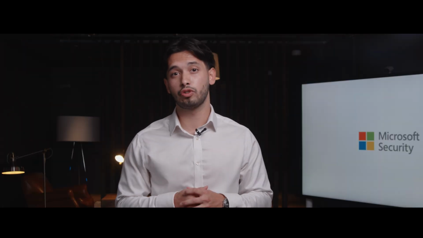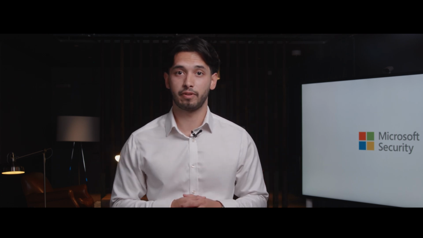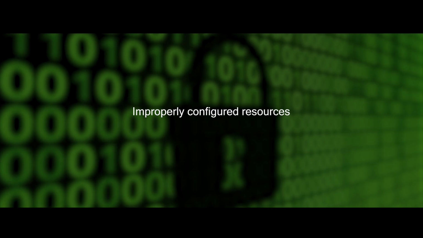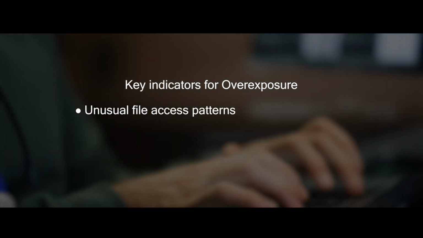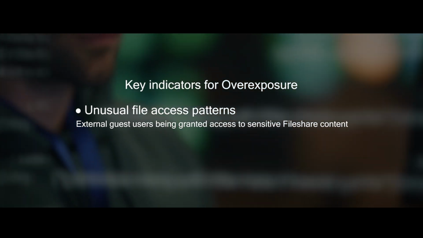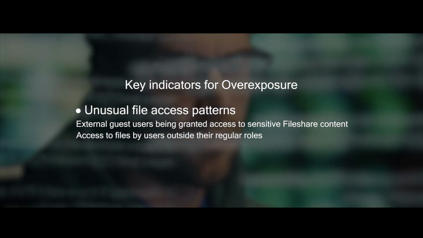The risks associated with overexposure are profound. The Microsoft Digital Defense Report emphasizes that improperly configured resources are among the top causes of data breaches in cloud environments. Key indicators for overexposure include unusual file patterns, such as external guest users being granted access to these sensitive file shares, or access to files by users outside of their regular roles.